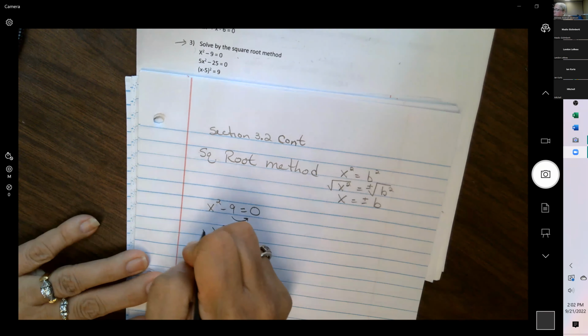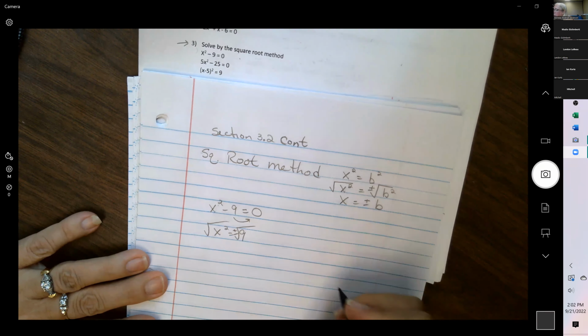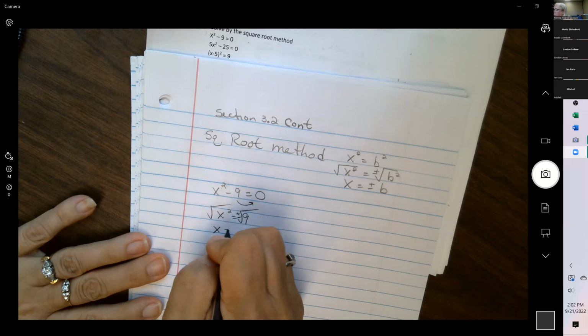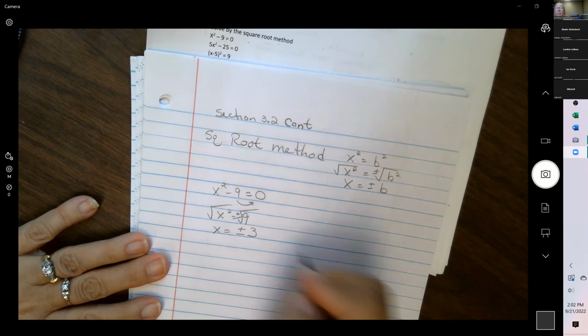Then we can take the square root of both sides so that x equals a positive and negative. The square root of 9 is 3.